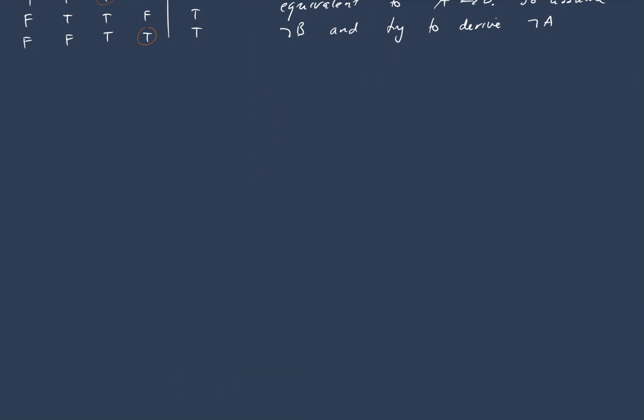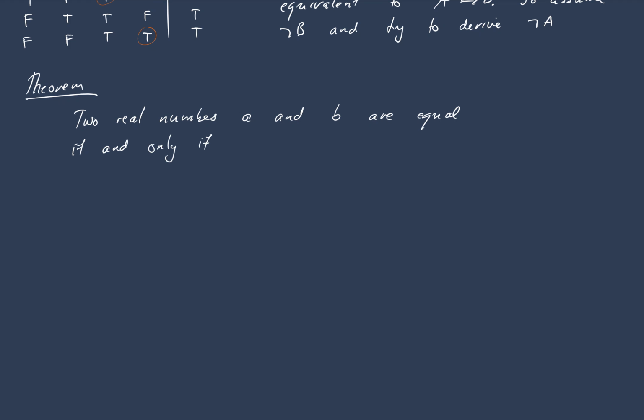Okay, but let's just do one proof just to see if we can tie some of these ideas together. The theorem I want to prove is this one here. Theorem: two real numbers A and B are equal if and only if, and that's a key phrase, for every real number epsilon greater than 0, it follows that the absolute value of A minus B is less than epsilon.